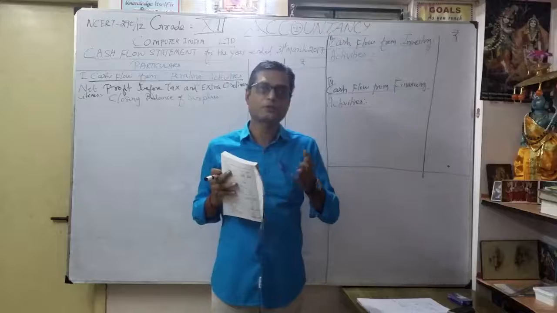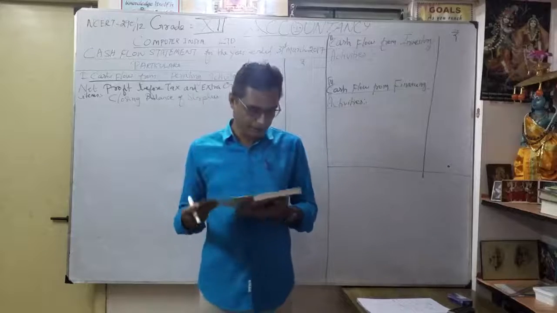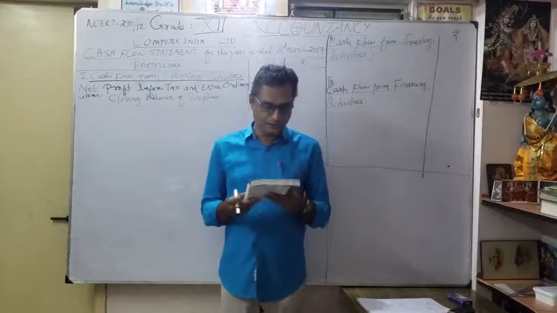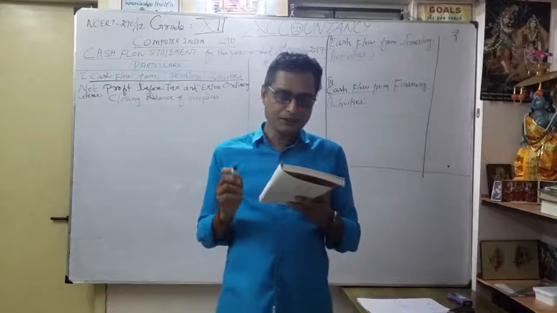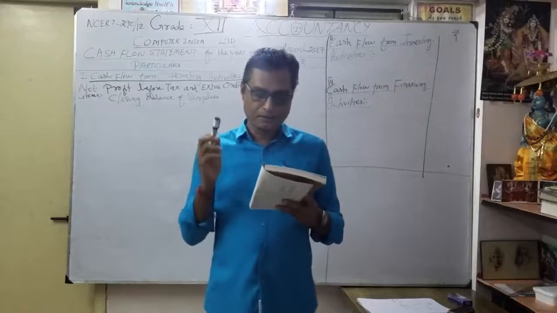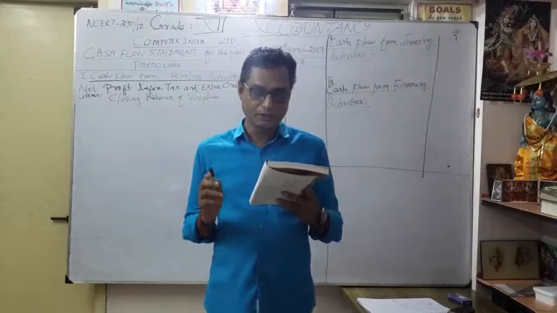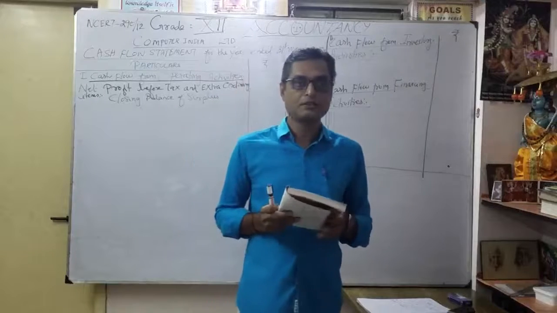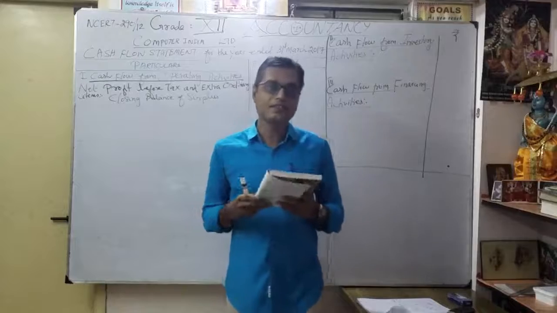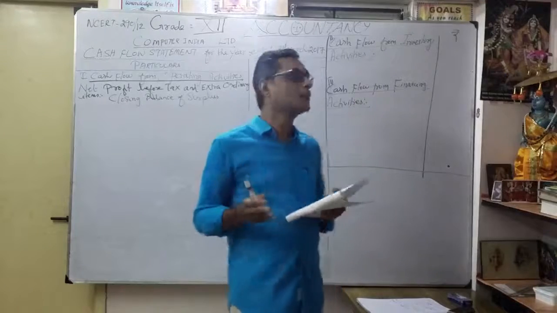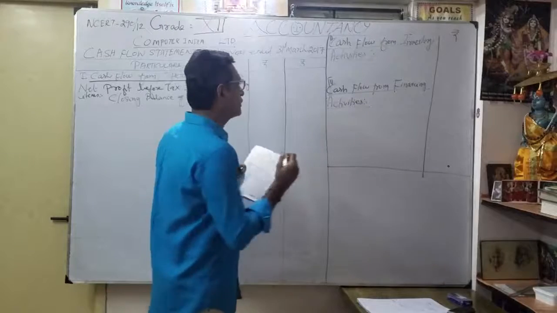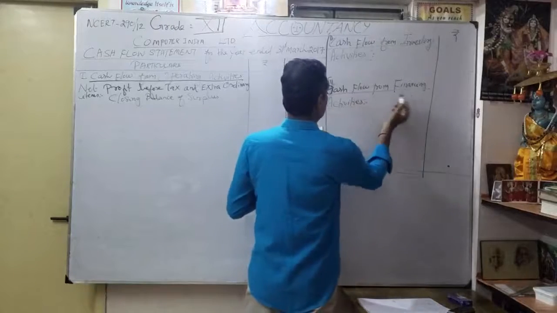How are we going to start? You know already, from the liability side. First you will see equity and liabilities, shareholders' funds. Under shareholders' funds, share capital they have given 2016 40,000, 2017 50,000. So as you know, shares increased from 40,000 to 50,000. Now you know where to identify which activity. Naturally this is cash flow from financing activity.